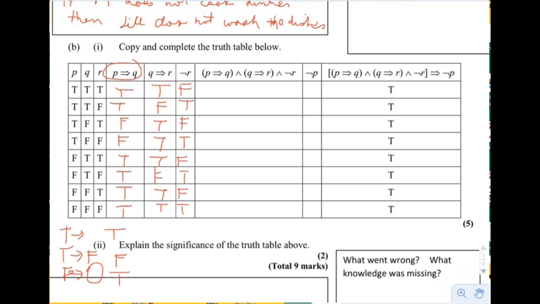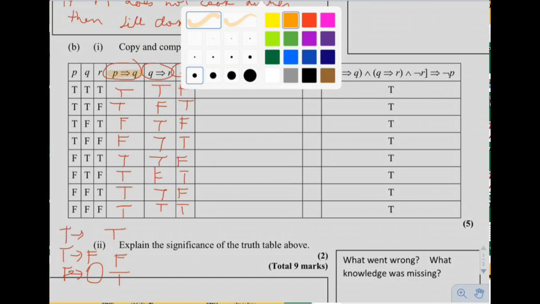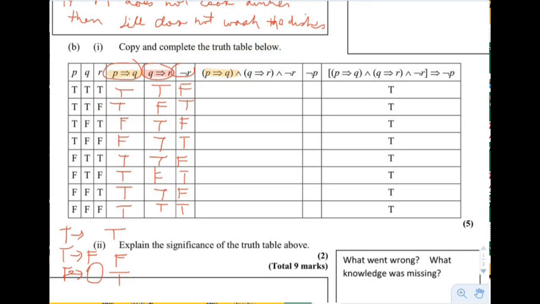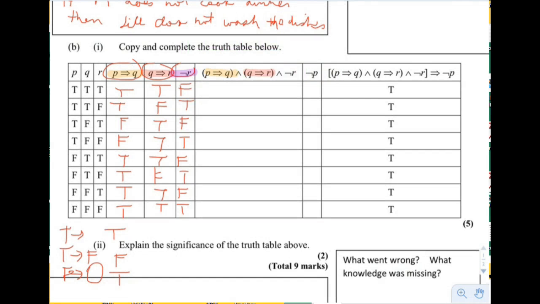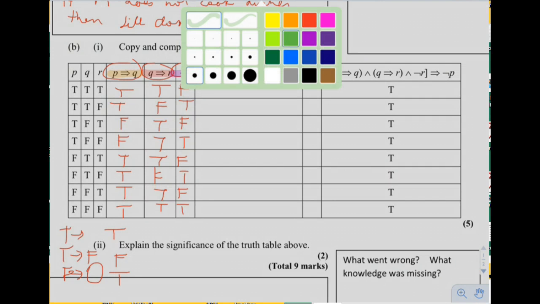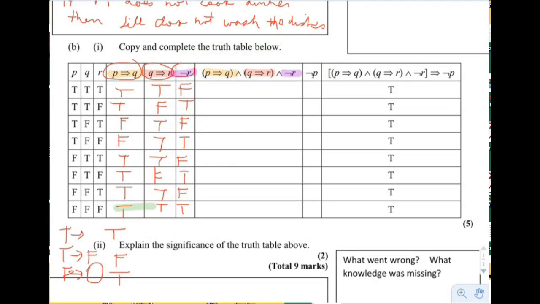Alright, now we're going to combine some of these. So this is actually combining this one and this one, combining them with ands. When you combine something with and, they all have to be true for the whole statement to be true. Are there any of these where everything is true? Just this one?